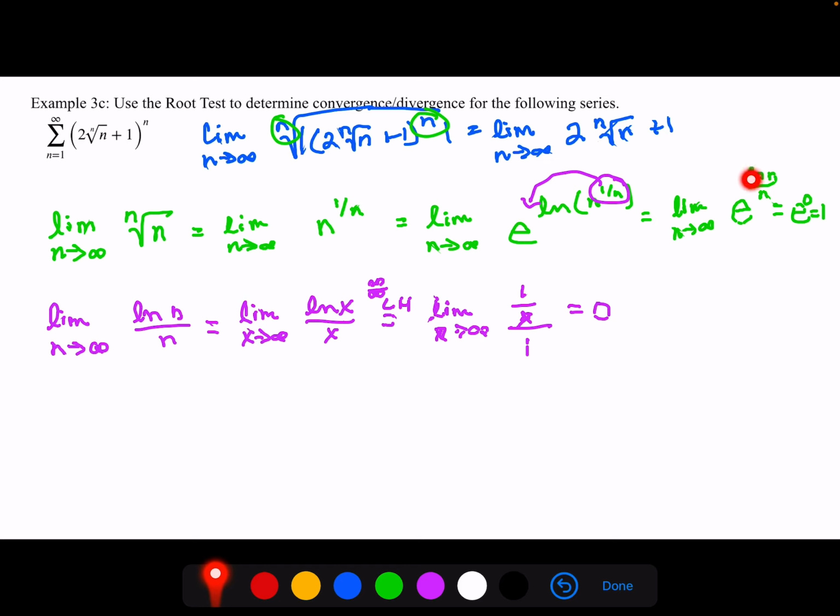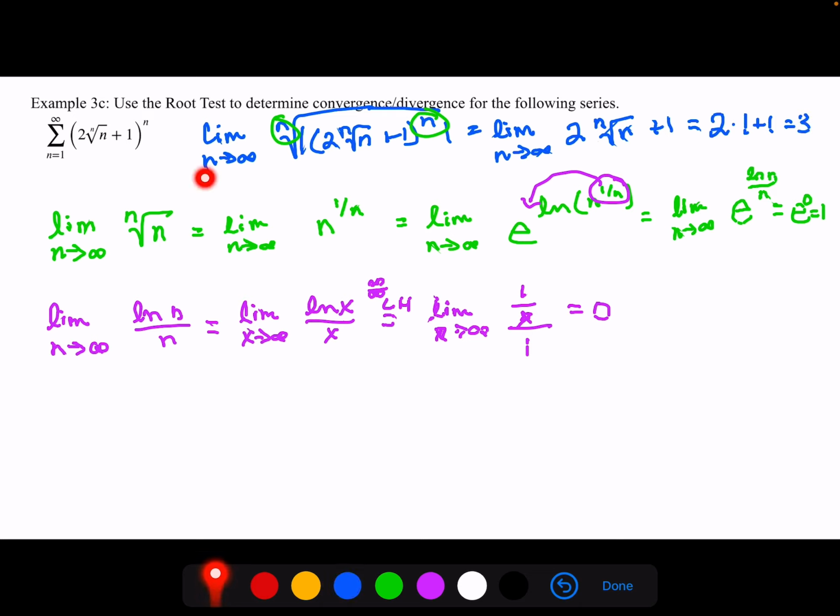And again, we evaluated the limit of natural log n over n to equal 0, and e to the 0 was equal to 1. Since the limit as n tends to infinity of the nth root of n equals 1, we can substitute this into the limit we have in blue, and evaluating that limit, we have 2 times 1 plus 1, which equals 3.